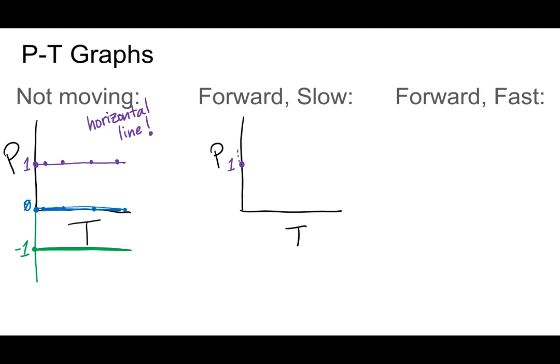Now, if I'm doing it slowly, then I'm only going to cover a little teeny bit of change in position in a certain amount of time. And so if I do this, I will get a shallow slope. So slow is shallow.